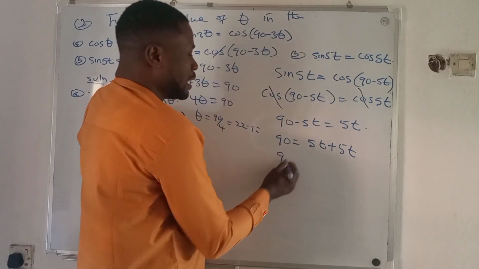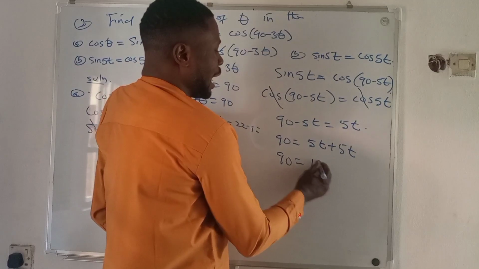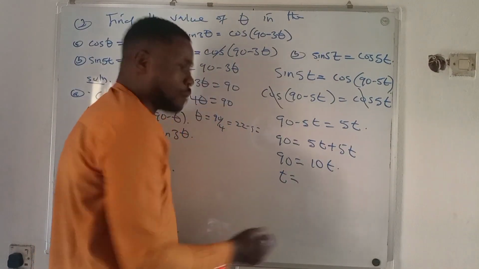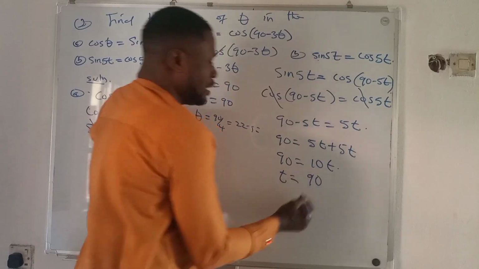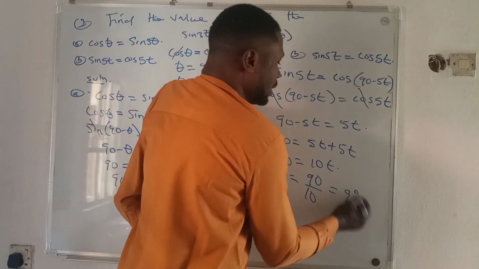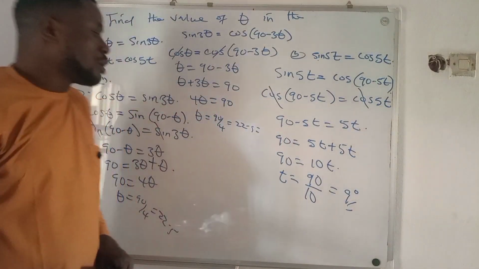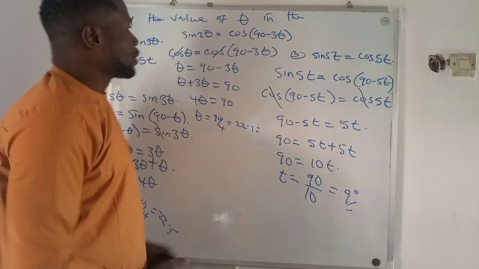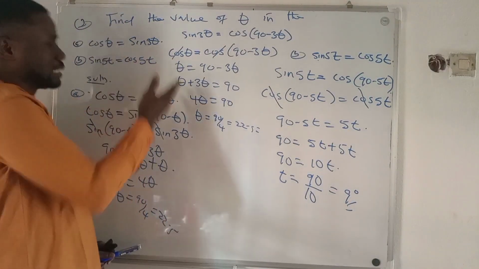So you now have 90 equal to 10t. And you make t the subject of the formula. That will be 90 all over 10, and that is equal to 9 degrees. So you can see that the angle t is equal to 9 degrees.